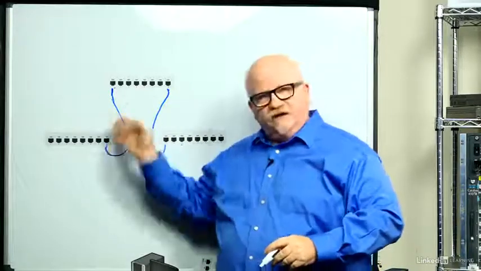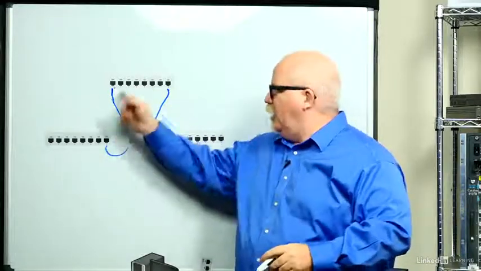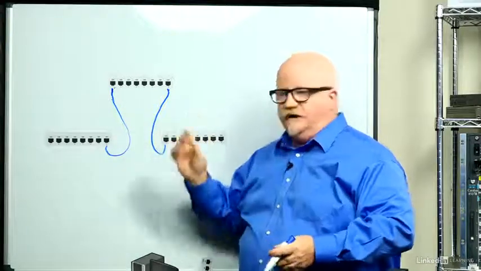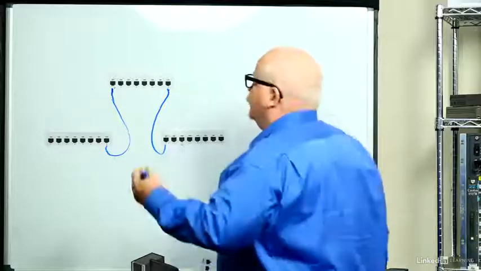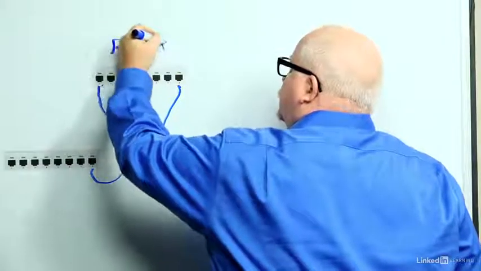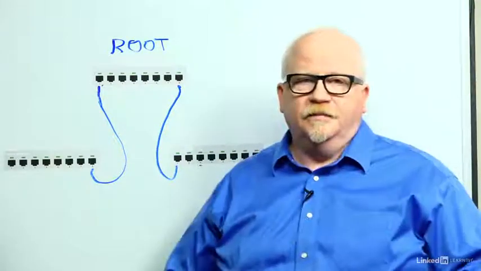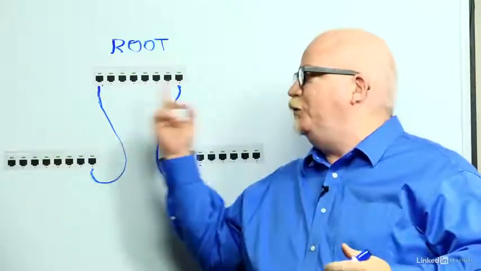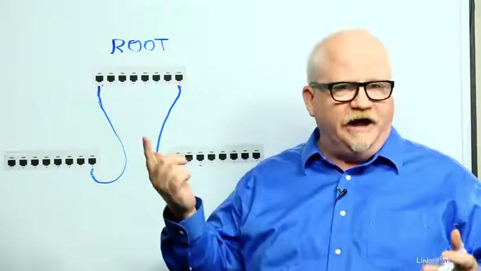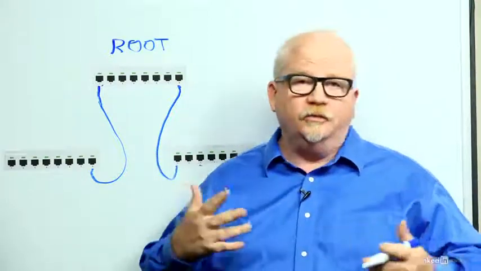So when you start plugging switches together, they will automatically, using the STP, begin to negotiate certain things that are very important. And one of those is going to become the root bridge. But Mike, it's a switch. Yeah, I know. It's a multi-port switch. The term we use is root bridge. If you want to call it the root switch in your own head, go for it. But we use the term root bridge.